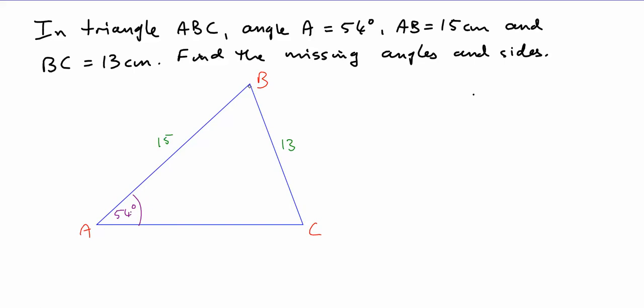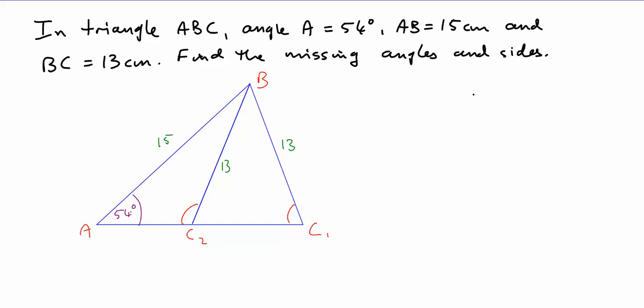Side AB is 15, angle A is 54, BC is 13, but there is a further possibility for BC like this, and therefore two possible values for points for C, here and here, and two possible angles there and there for C.